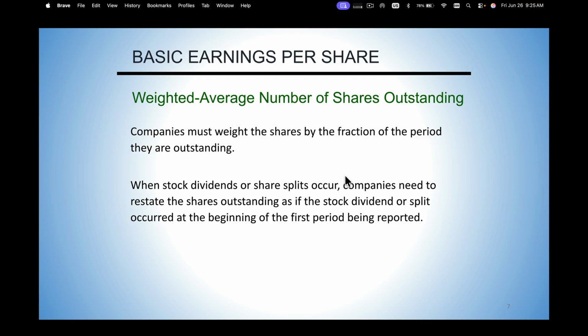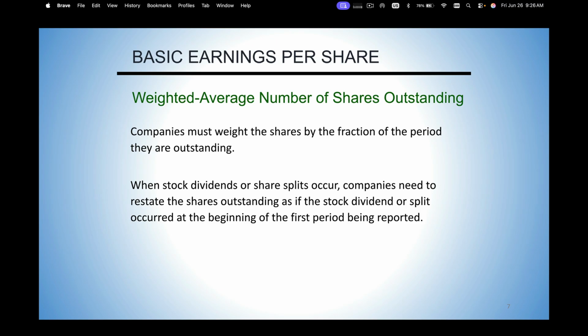Now let's talk about the denominator. Here we've got to weight the number of shares outstanding during the year. If a company starts with a few shares outstanding and then issues more shares during the year, we do a weighted average of the shares outstanding during the year. I'll show you an example.